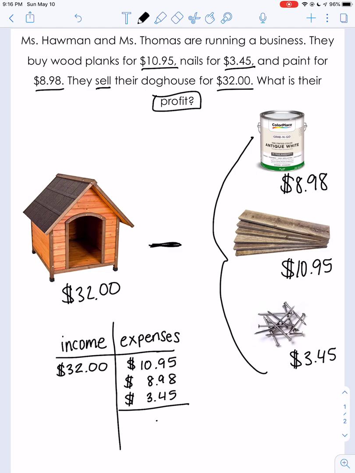So I'm going to go ahead and add all of these up. You can subtract them from 32, like $10.95, subtract from 32. You can do that each one if that makes you more comfortable. I prefer to do it all in 2 steps, so I prefer to add all of the expenses and then just subtract them, but it's up to you how you want to do it.